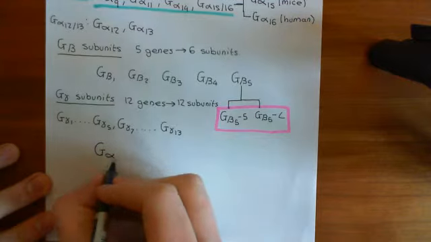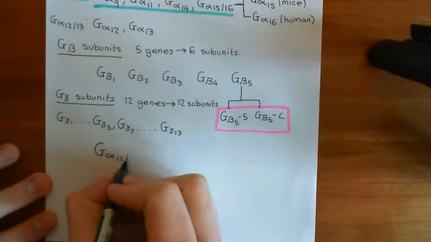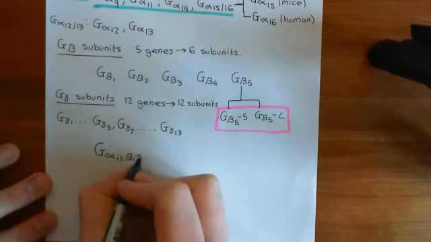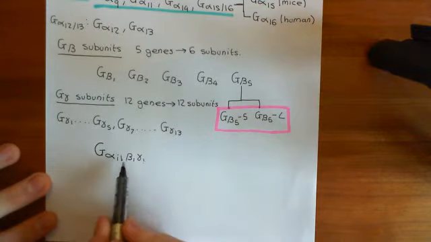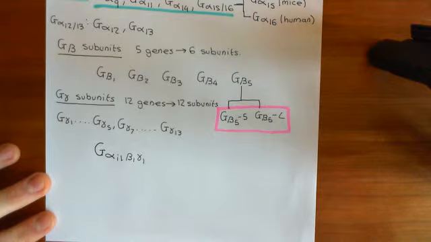An example would be G alpha I1, beta 1, gamma 1, which tells us exactly which alpha, exactly which beta, and exactly which gamma subunit are in this heterotrimeric G protein. People rarely do this. Firstly, because they rarely know, and secondly, because they don't need to know, they don't care that they don't know.